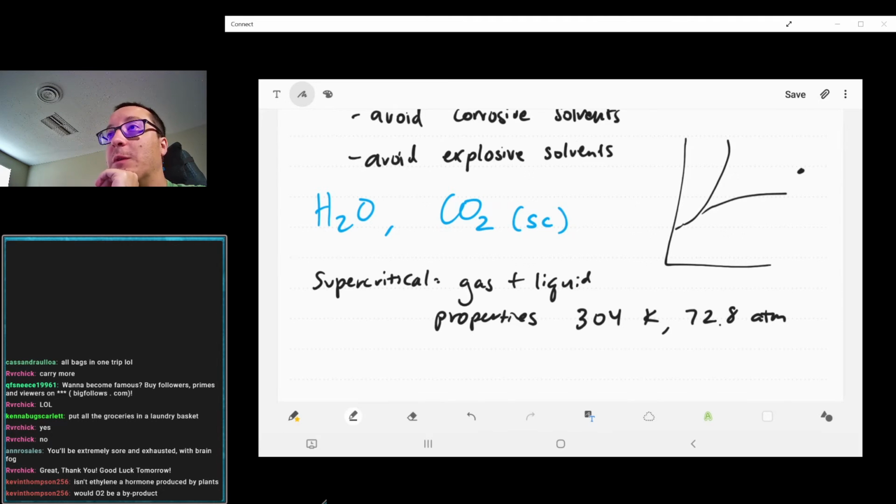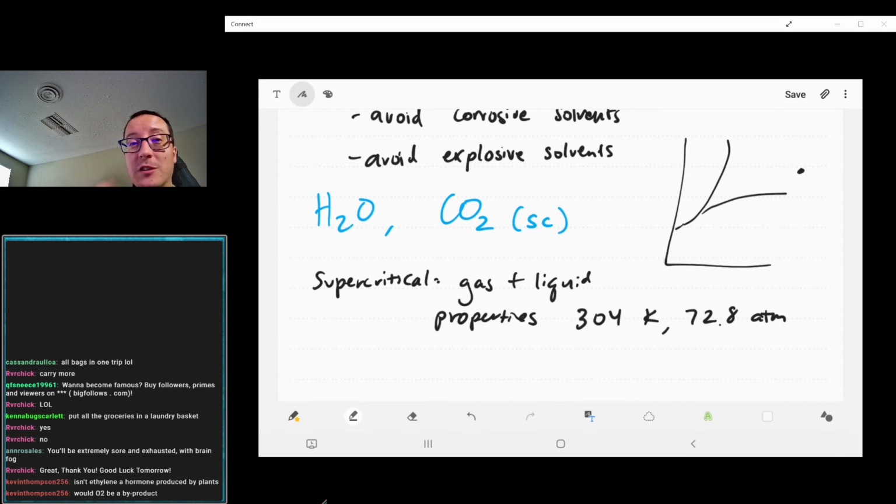And what's great about using carbon dioxide is if you can get it into the supercritical state, it can act as a great solvent. It'll dissolve things. And so it'll have that kind of liquid capability of dissolving things, but still have the viscosity of a gas where it moves very easily. And so it works really, really nicely as a solvent.